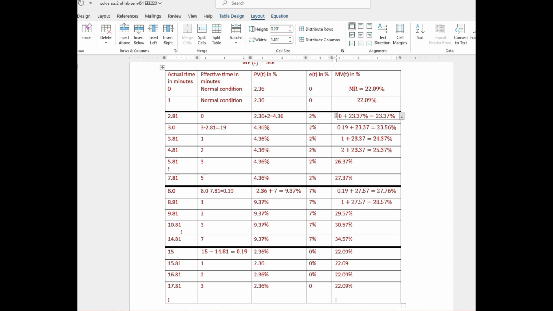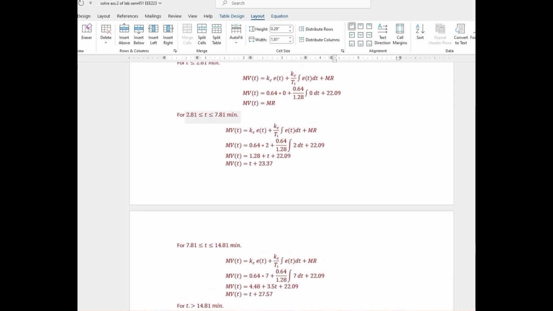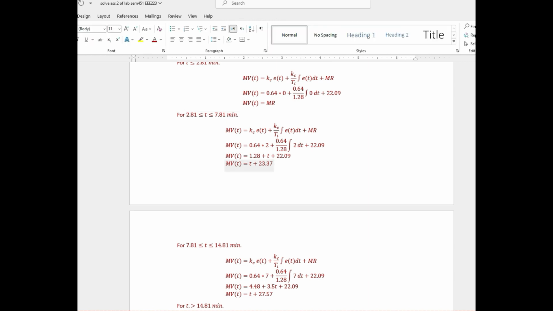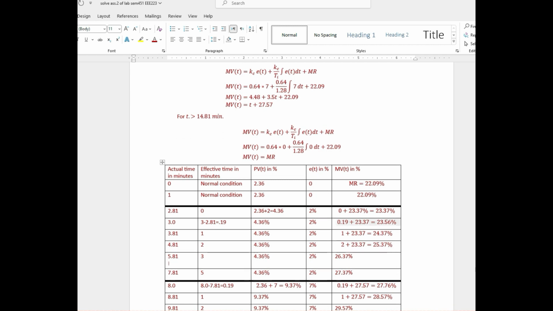From where does this come? See, this is my equation. This is my first period. Look here, guys: t plus 23.37. This is the t, this is my 22.09, and this is the addition that we have because of the engagement of the proportional part here. So the proportional contribution increased it from 22.09 immediately to 23.37 at the zero time. Then after that, the integration actually starts.